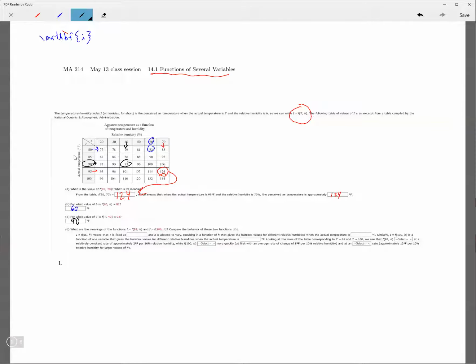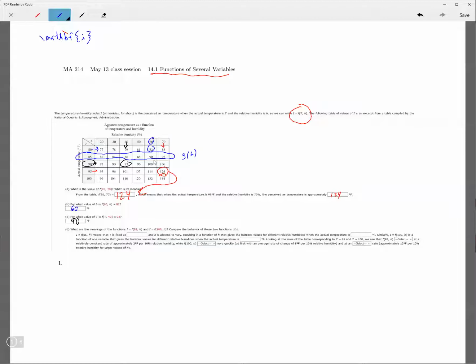So here's the 85 right here. So this whole line right here represents a single variable function, because if you fix T at 85, then you have a single variable. So this could be thought of as like g(H).